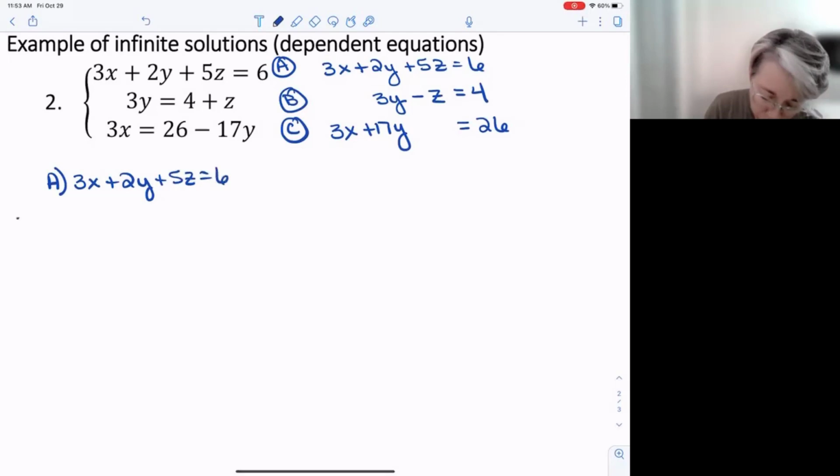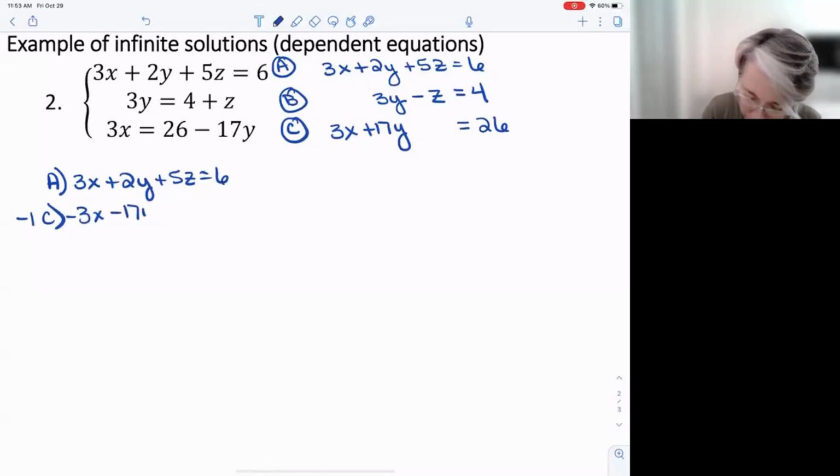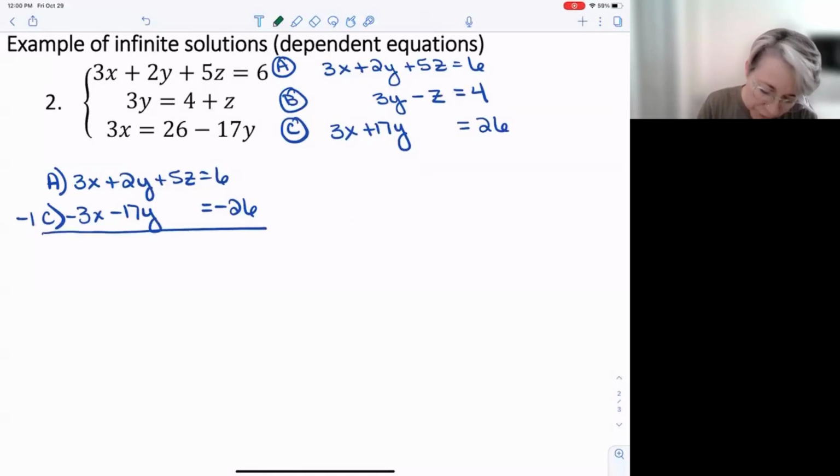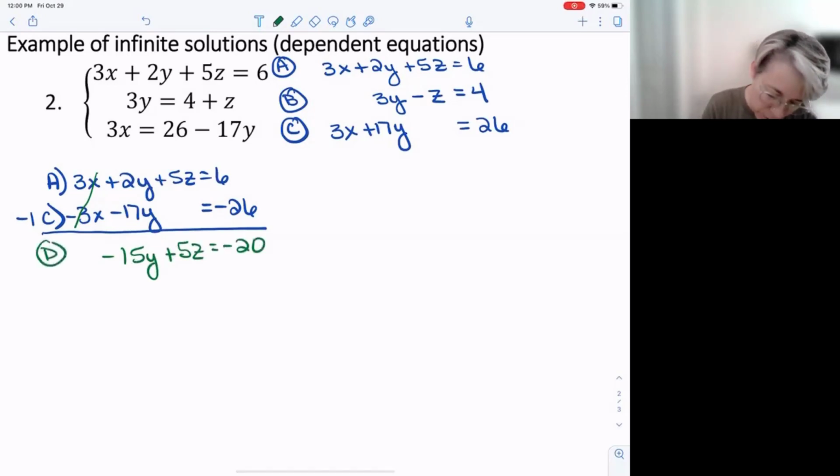We're going to multiply equation C by a negative 1. That gives us a negative 3x minus 17y equals a negative 26. So when we combine these 2 equations, we get a negative 15y plus 5z equals a negative 20. We'll call this equation D.